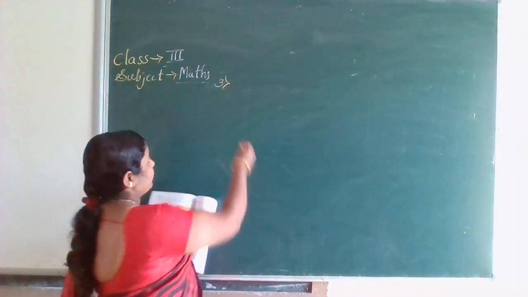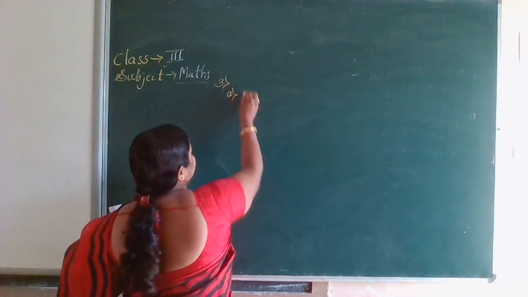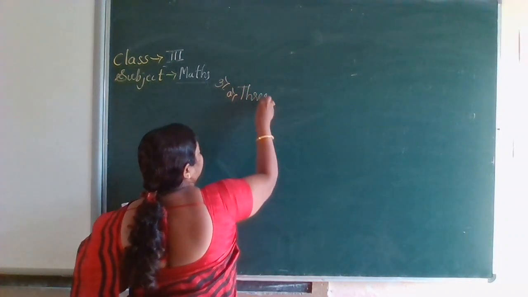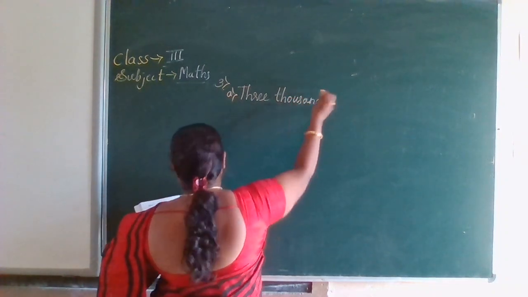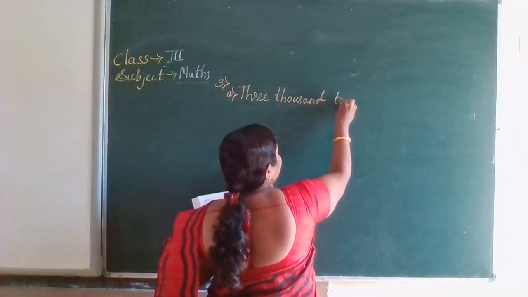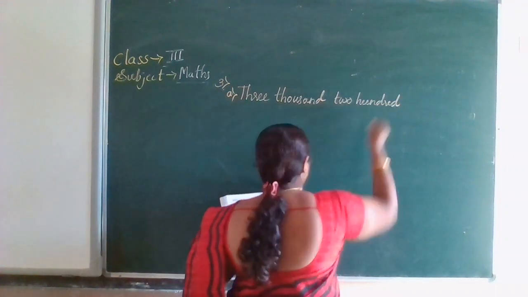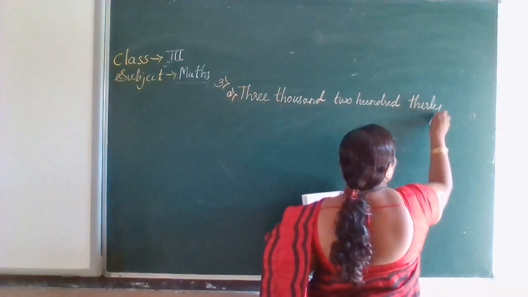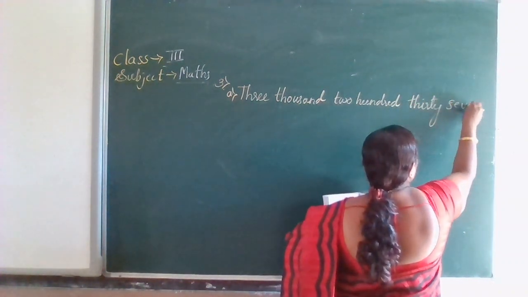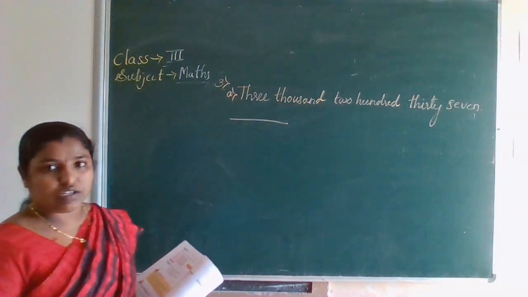A. Three thousand, two hundred thirty-seven. So we have to write the numeral for this.